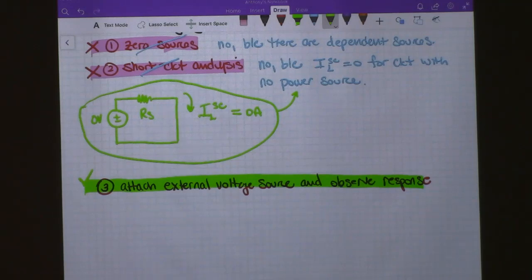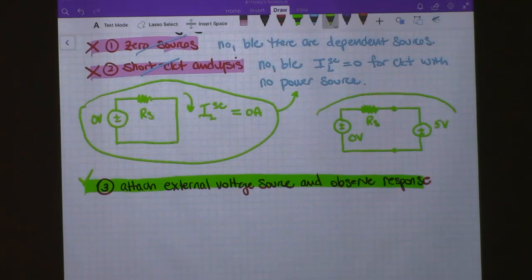Because, again, if I draw the same circuit I did a second ago, this is the Thevenin equivalent, and I attach to it another voltage source. So this is 0 volts, this is RS, and now let's say I throw a 5-volt source on there. What will that current be?